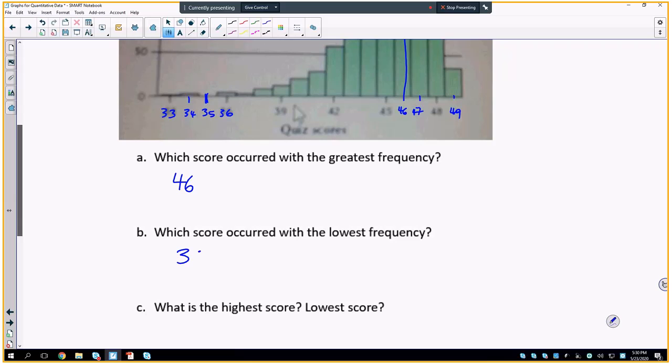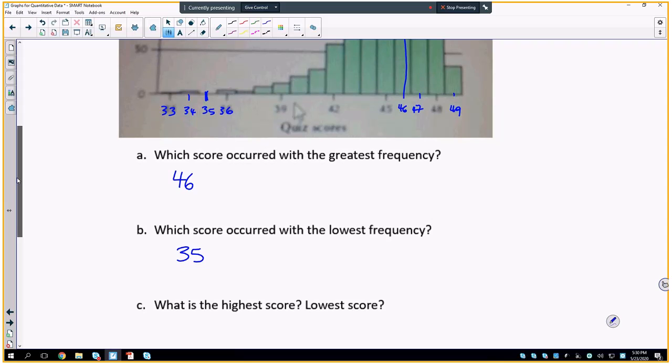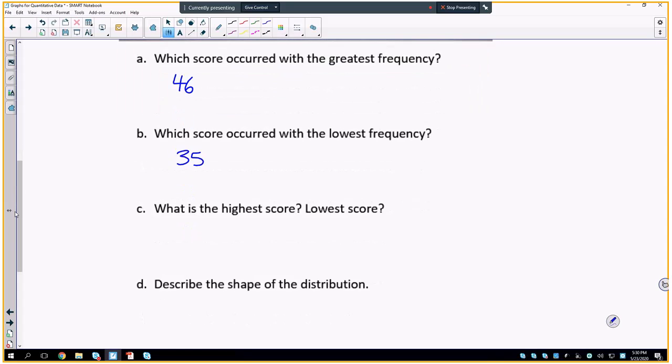So I'd say 35, because it has the smallest bar, should be the score with the lowest frequency. The highest score, as I said, looks like 49. And the lowest score appears to be 33.